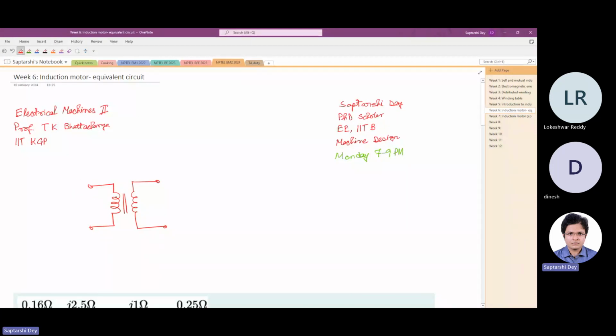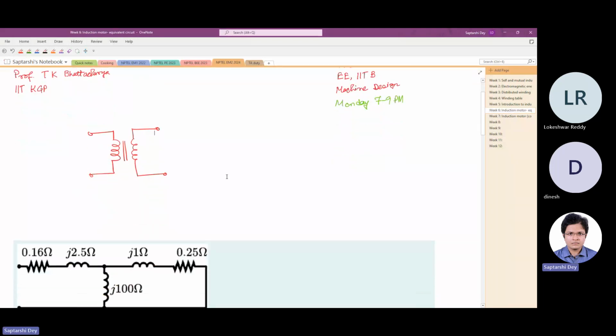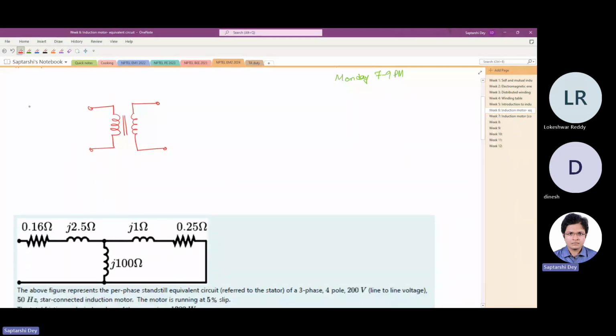Say for example, we take a two-winding transformer, as I'm drawing here. Now, you have some voltage source here. You can have some load here. You can have another source here, whatever. But fundamentally, what we have is the frequency on both the sides must be the same.